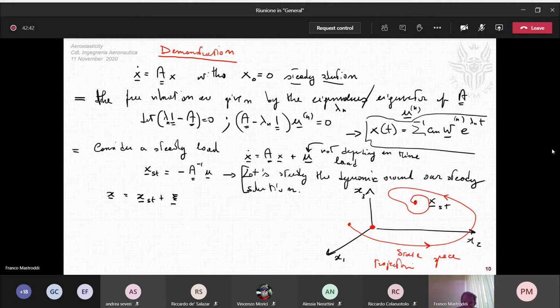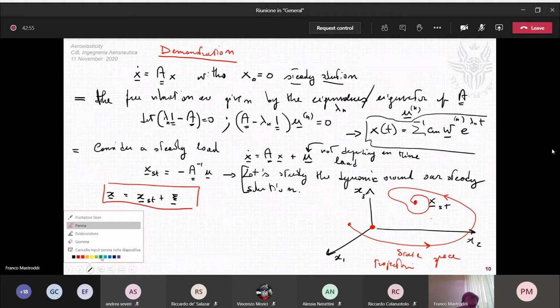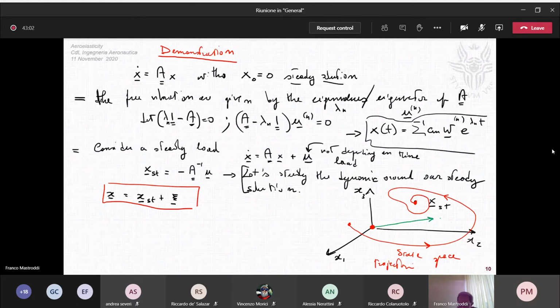We have that the dynamic, this point here, is decomposed as the following: this final x solution point is equal to the summation of your steady solution plus this here, which is the relative motion with respect to the steady solution, a vector like C. So what about the dynamic of the new vector C?